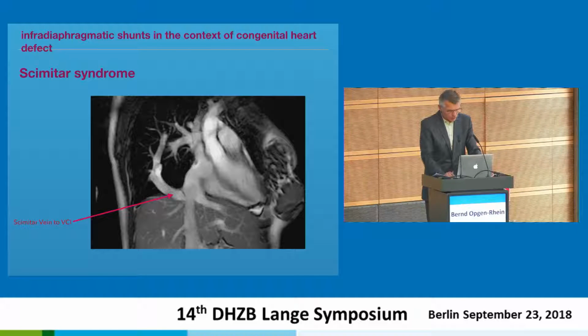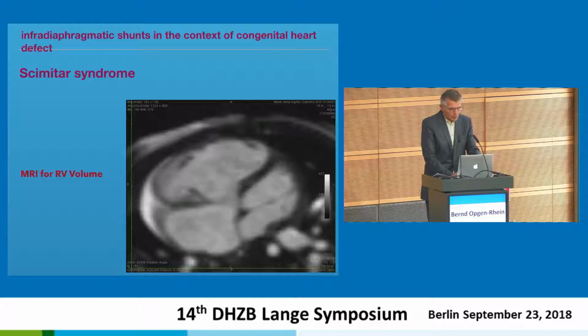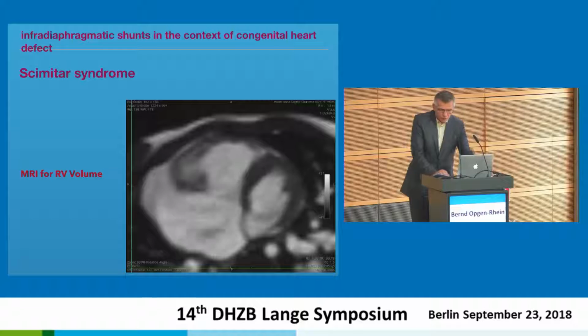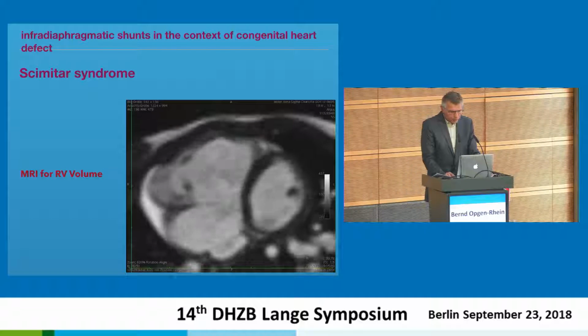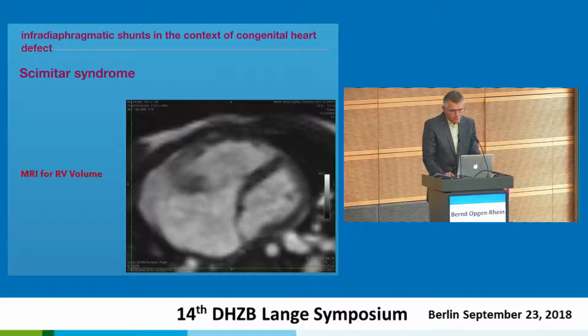We need MRI as well to see the right ventricular volume load. It's not such good quality, I'm sorry. So RV enlargement is the main topic when we talk about operation in these children.